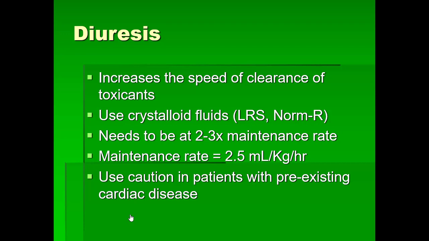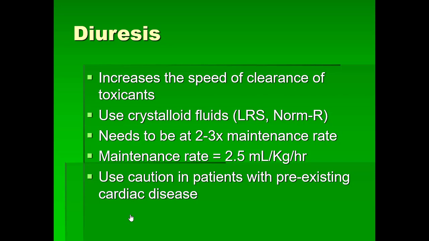I'm going to move on in the presentation, and we're going to discuss diuresis next. As you can see, it can be used to speed up the clearance or elimination of toxicants, particularly those that are water soluble and are excreted intact through the kidneys. If they require prior metabolism in the liver, pushing fluids is probably not likely to help much.